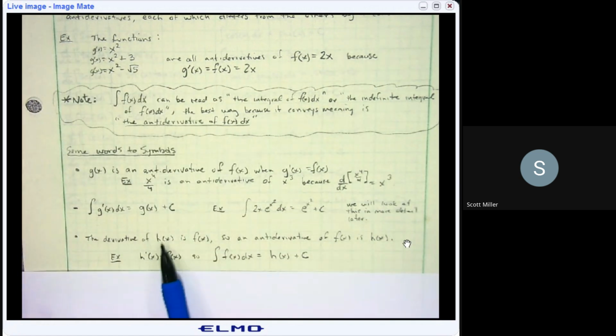H is the antiderivative of f, which means the derivative of h is f. So this is the symbol notation for it. Again, this is just a new notation for us.